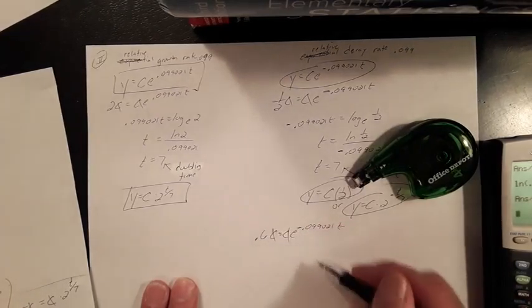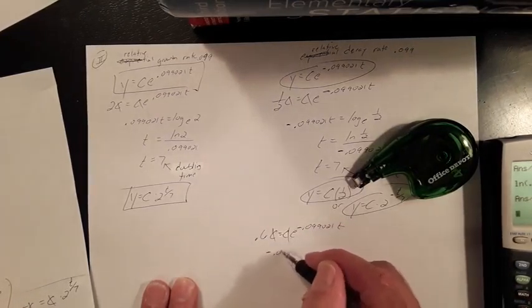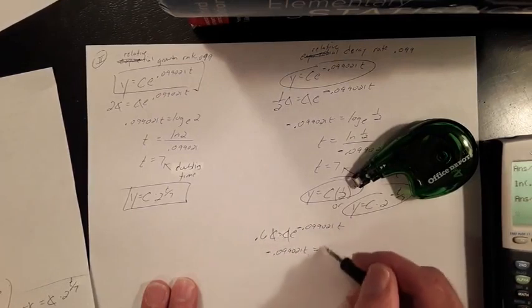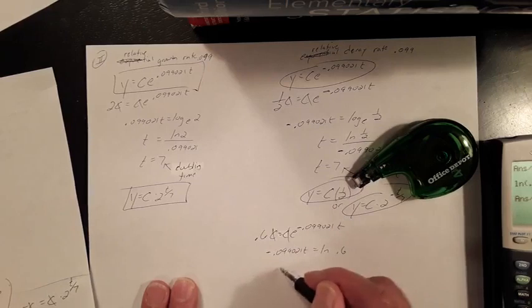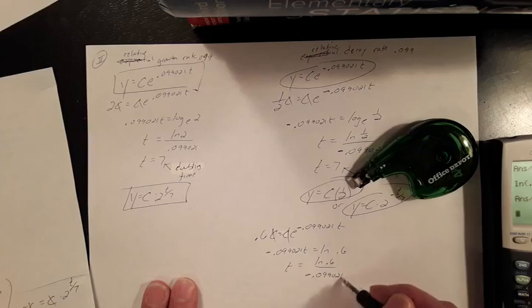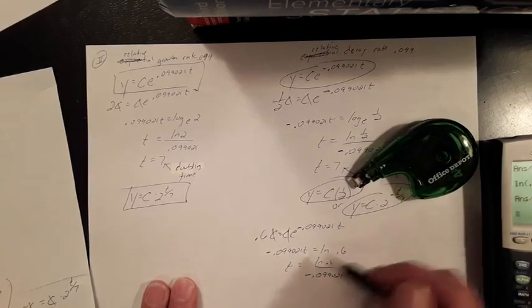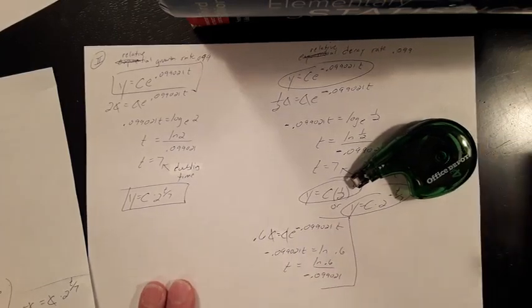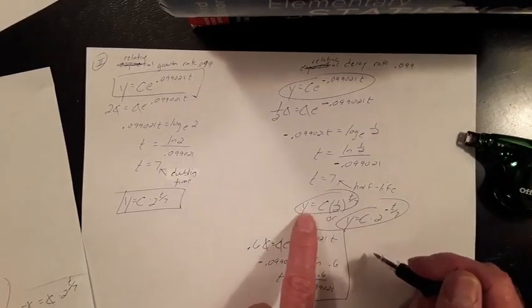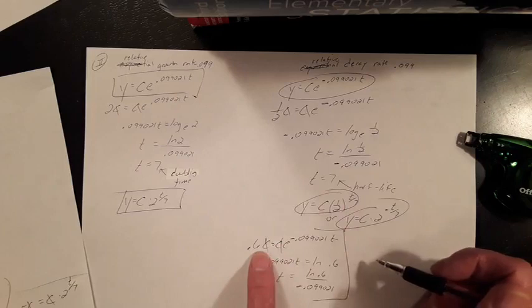And the C's cancel, and this exponent is written as a log base e. Watch, that'll be the same number as if I had done it right here and said, okay, how long until it decays to 60% of its original amount?